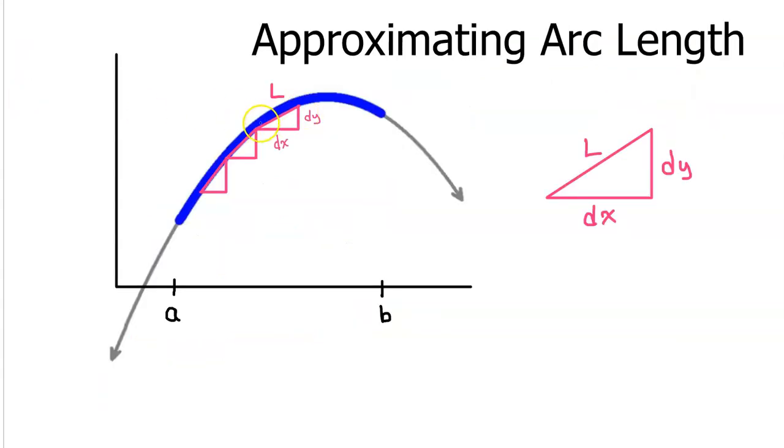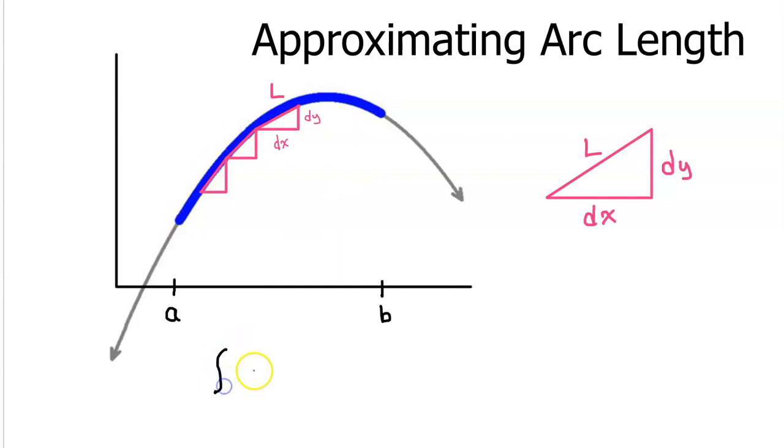Remember that L is just a tiny piece of this arc. If we want to approximate the whole arc length, we need to add up all of these little segments between A and B. And in calculus, if you want to add up many tiny parts, you do it by integration.